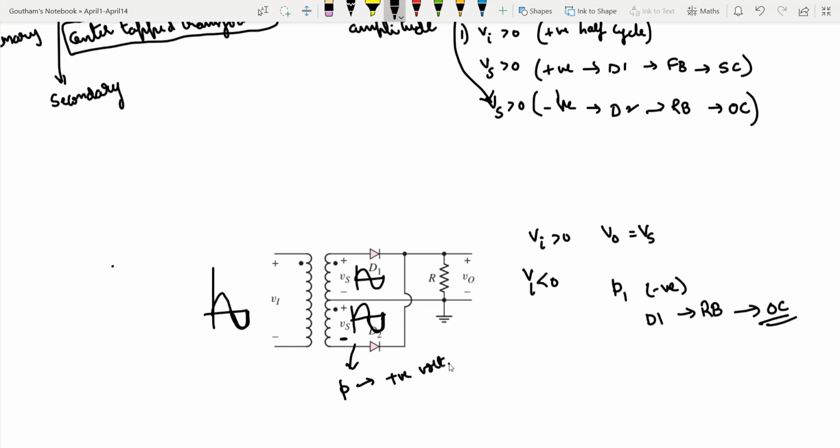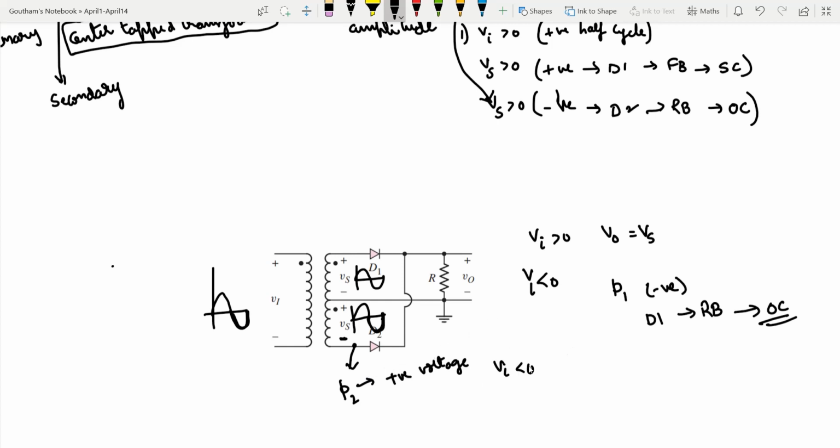Why? Because this is already connected to the negative terminal, and when this voltage is negative going, minus into minus becomes plus. So this terminal, that is the P side of diode D2, sees a net positive voltage, so diode D2 is on.